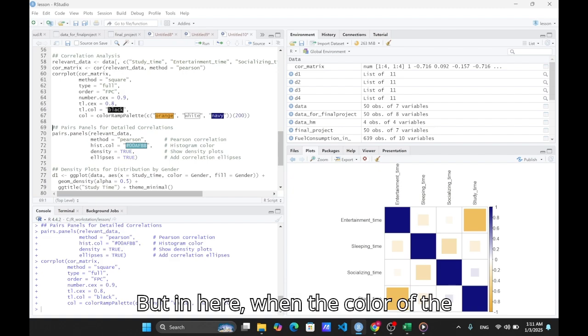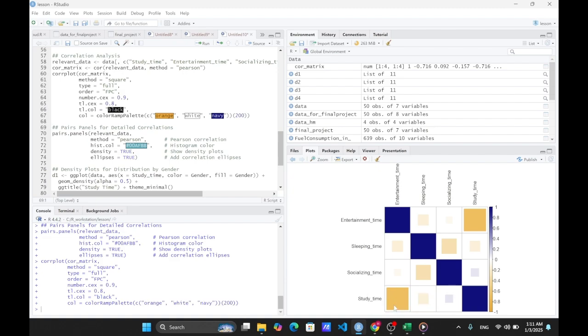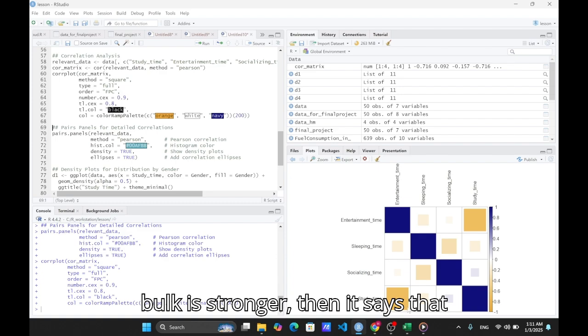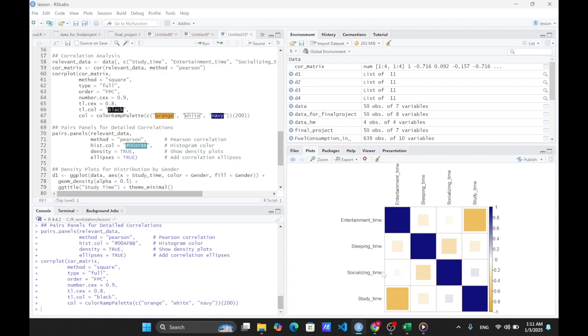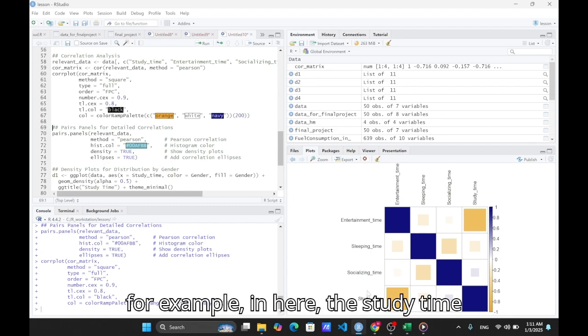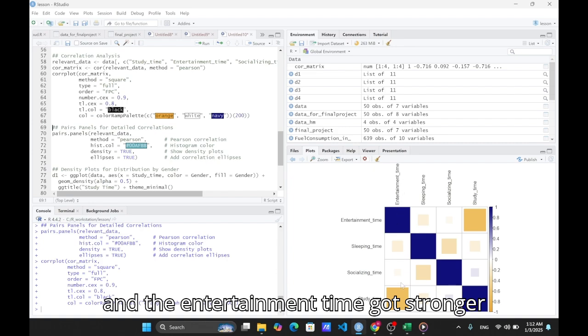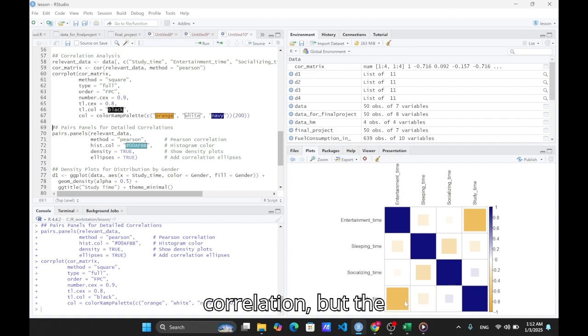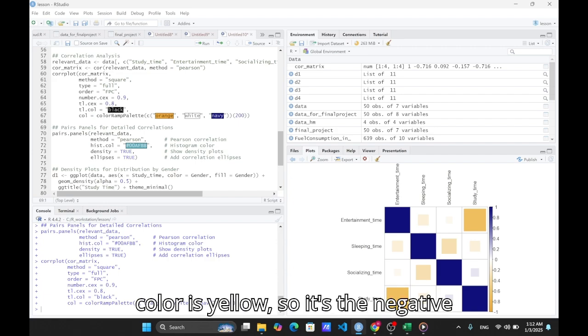When the color of the box is stronger, it means they have a strong correlation, and when the color of the box is thinner, it means these two variables have a weaker correlation. For example, here the study time and the entertainment time have a stronger correlation, but the color is yellow, so it's a negative correlation.